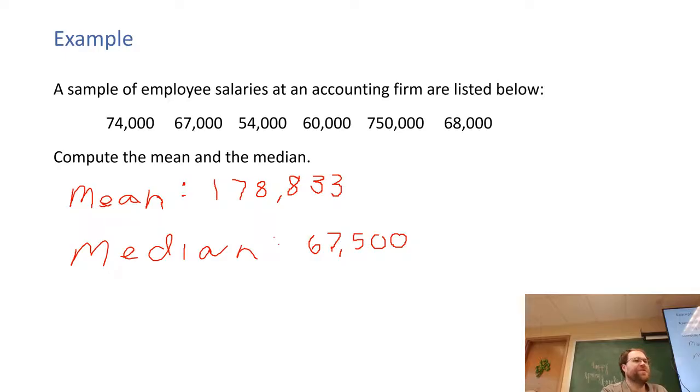So the question here, if someone were to ask you what's the typical salary that someone makes at this accounting firm, which of those do you think is going to be a more accurate picture when looking at the whole group?